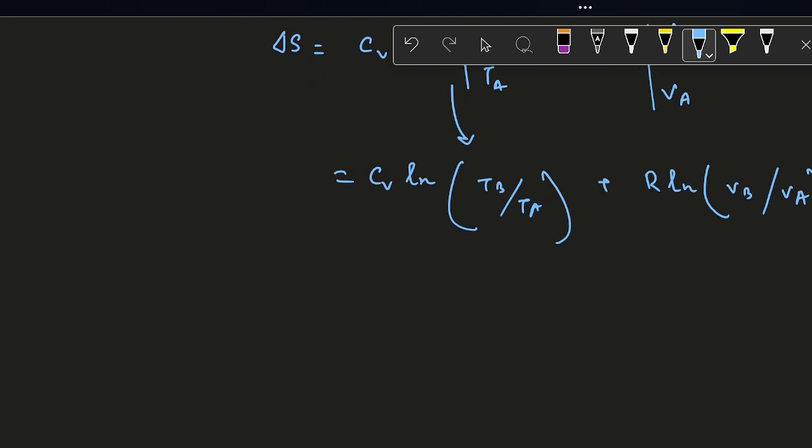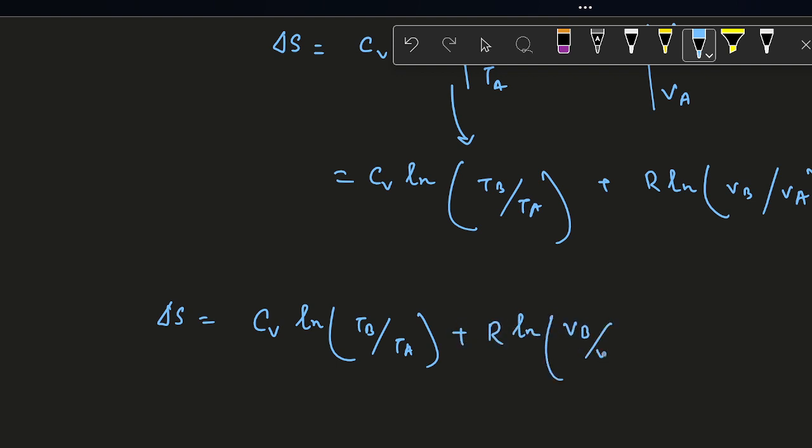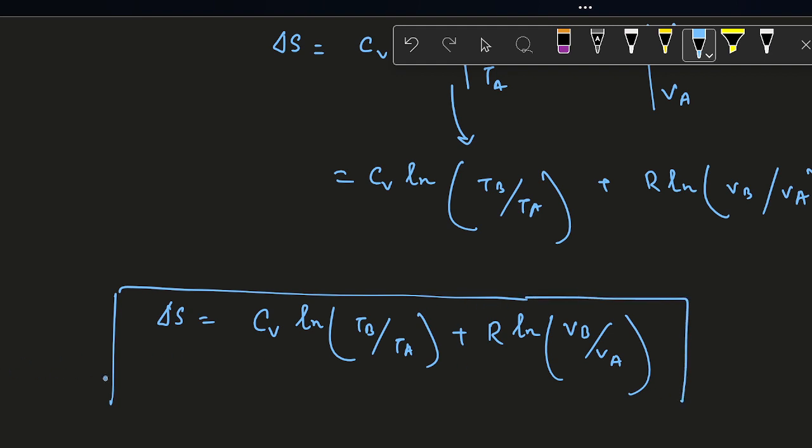So we have got our final answer, that our delta S in this process is equal to CV ln of TB by TA plus R ln of VB by VA. So you have got the general expression here.